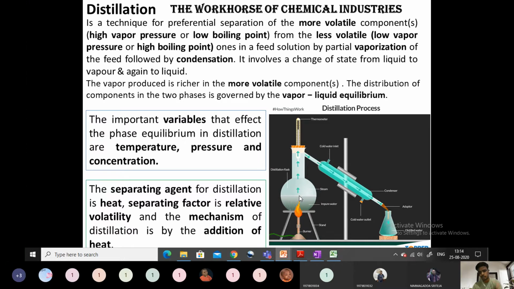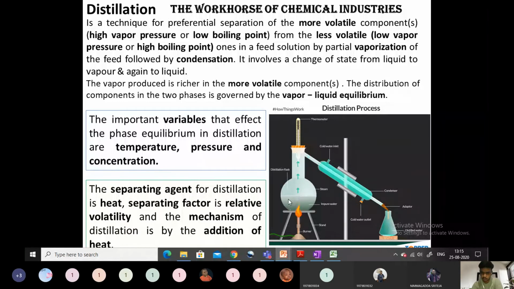We already know methanol has a low boiling point. A low boiling point indicates more volatility. Highly volatile components have a very low boiling point, whereas low volatility components have a high boiling point.